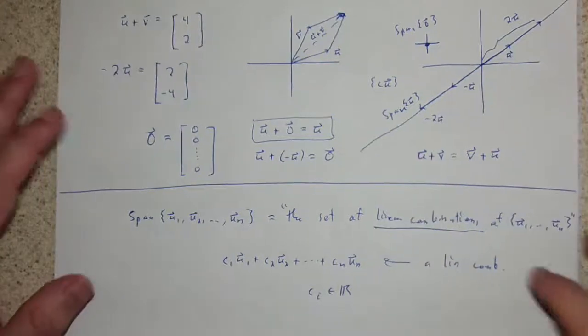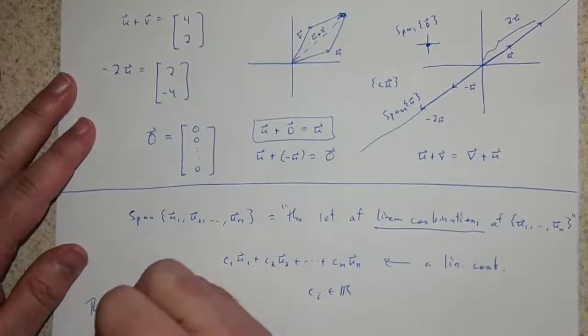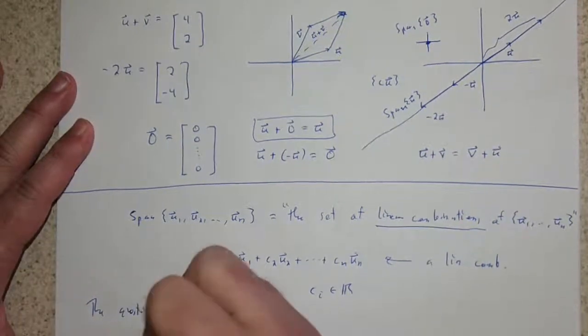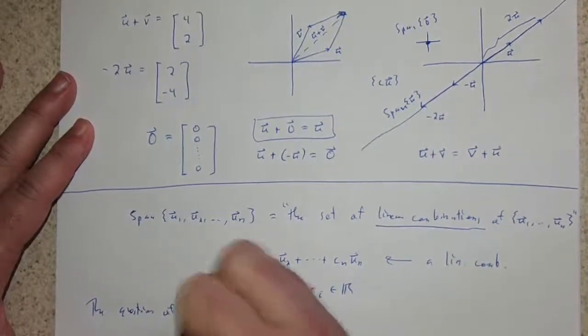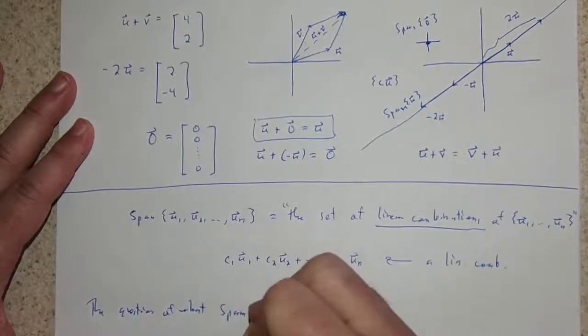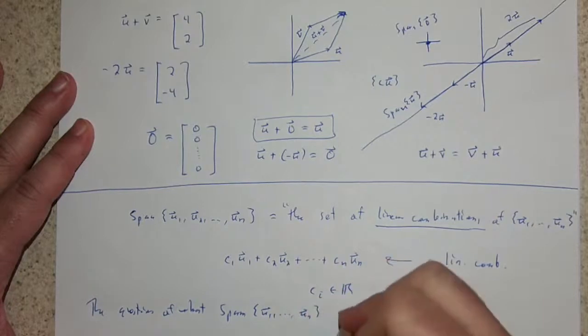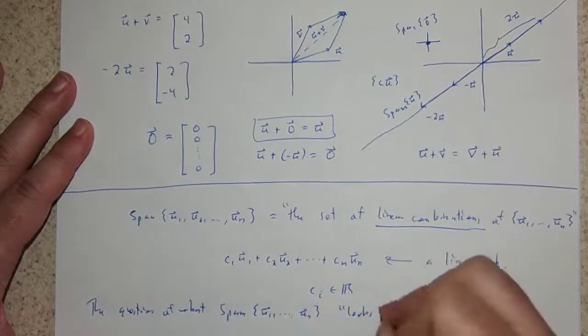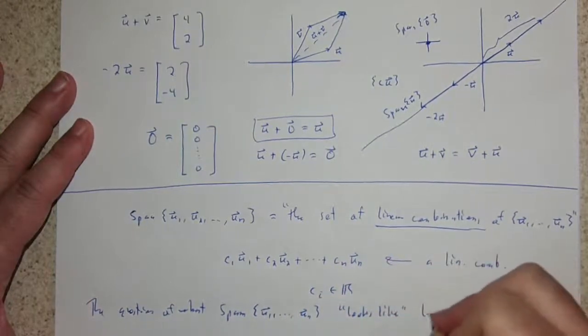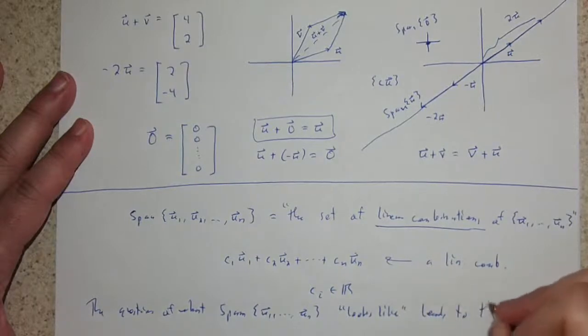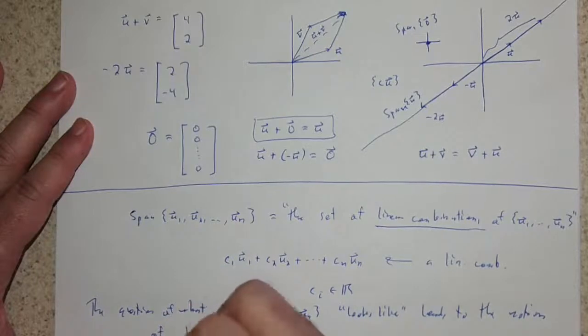Now, the question of what the span looks like leads to the notion of linear independence.